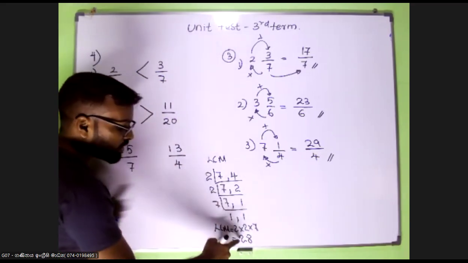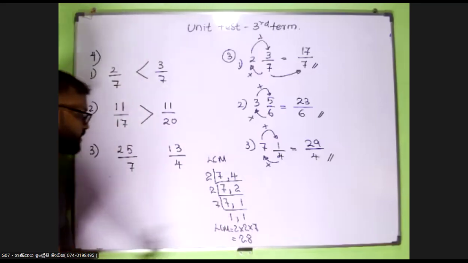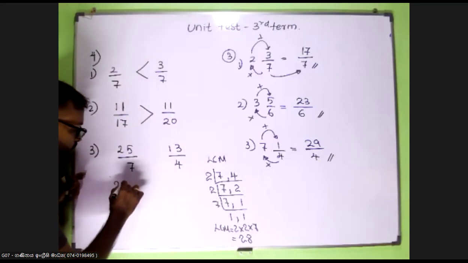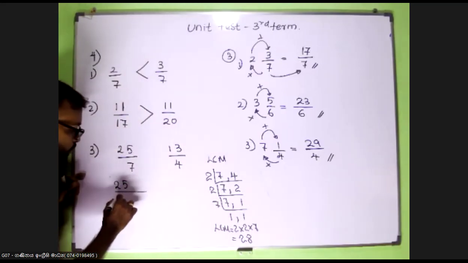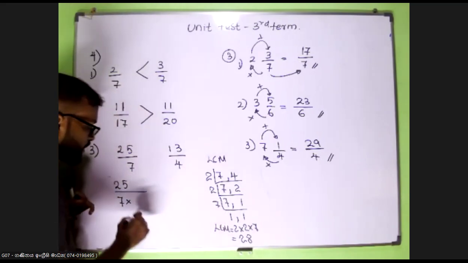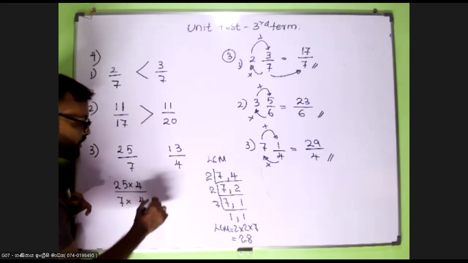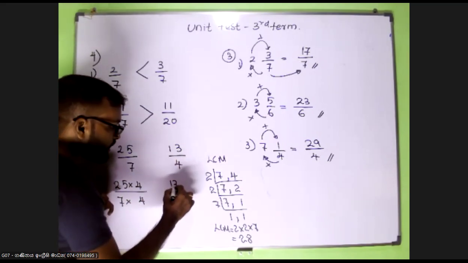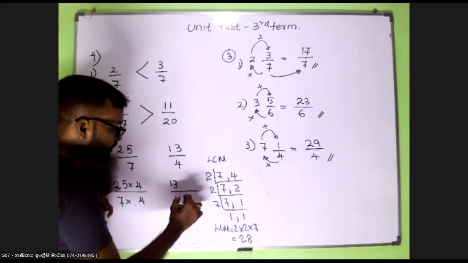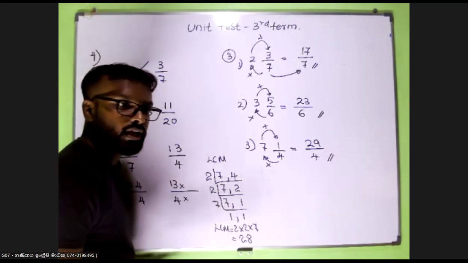This 4 needs to be converted into 28. This 7 needs to be converted into 28. So you know how to convert, right? 25 upon 7. 7 can be converted into 28 by multiplying both numerator and denominator by 4, right? And here you have 13 upon 4. How do you convert this 4 into 28?